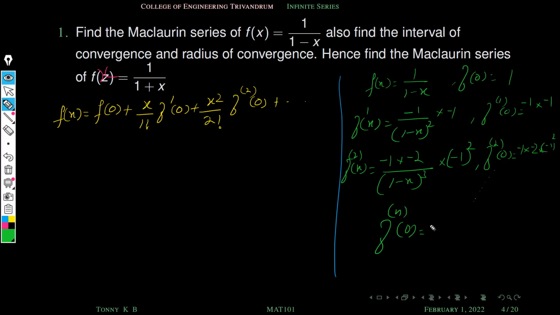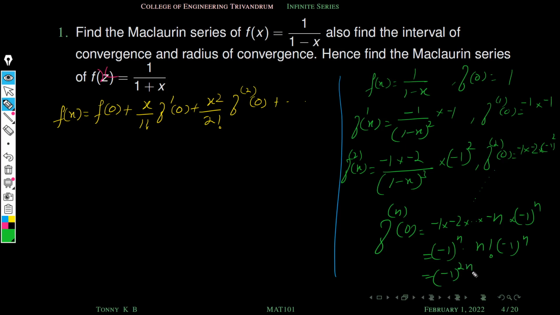So what is fn of 0? Minus 1 into minus 2 into etc. into minus n into minus 1 raised to n. And you can simplify. There are n minus 1s. So minus 1 raised to n into 1 into 2 into etc. n, that is n factorial, into minus 1 raised to n. So what is minus 1 raised to n into minus 1 raised to n?